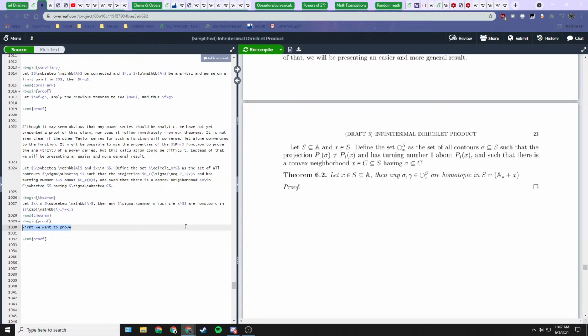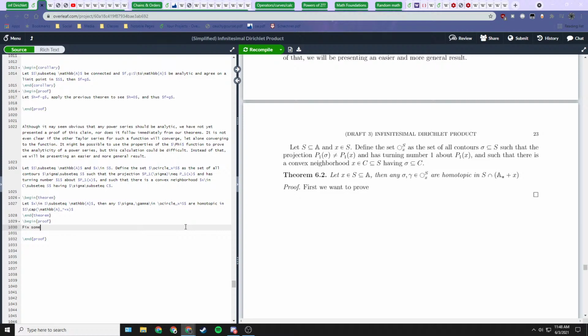So first we want to prove that we can get these into the same neighborhood. And the way that we're going to do that is just by scaling them down in the direction of x.